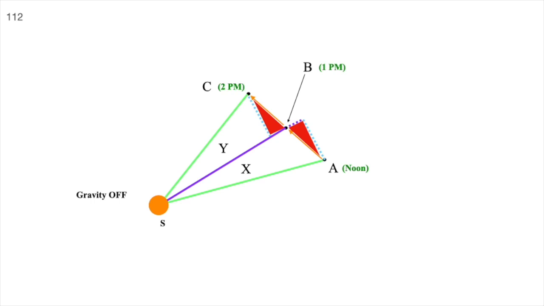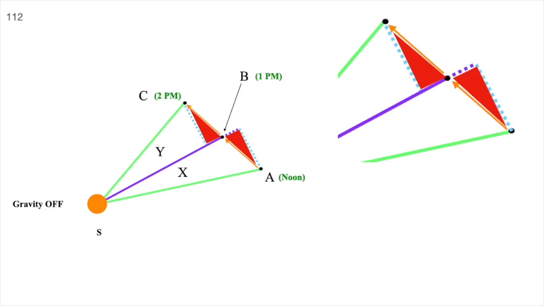Let's consider now the 2 red triangles shown here. Let's zoom in so we can see better. Each triangle has a side consisting of one of the 2 displacement vectors. In accordance with the setup of this thought experiment, these 2 displacement vectors are equal in length. Both triangles contain a right angle consistent with the construction of the altitudes of X and Y. The angles indicated here in pink are equal because they are opposite angles of intersecting lines.